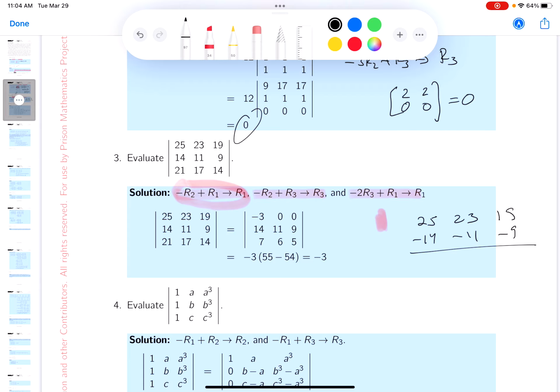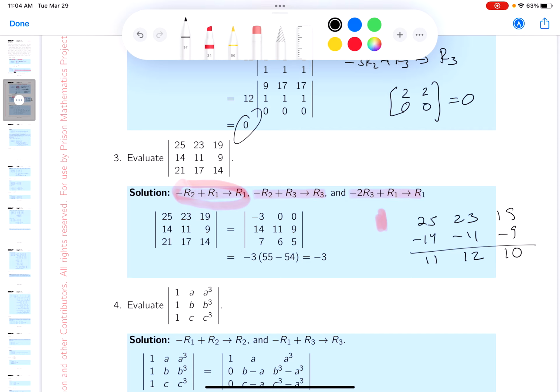Well, you would get 25 minus 14. Did I do that right? Row 2. Yeah, minus row 2 plus row 1, and I'll give it back to row 1. That's going to give me 11. And then what do you get there? You would get 12.